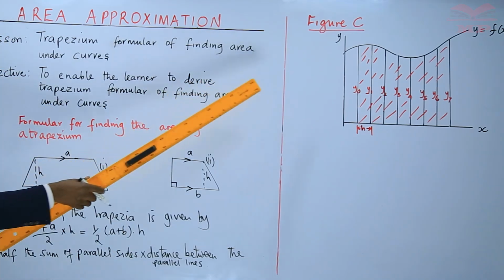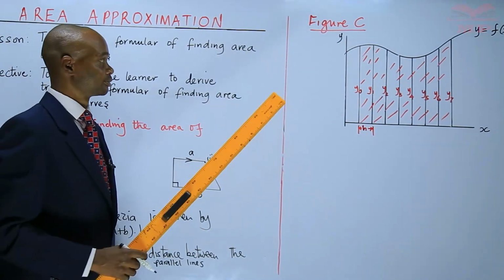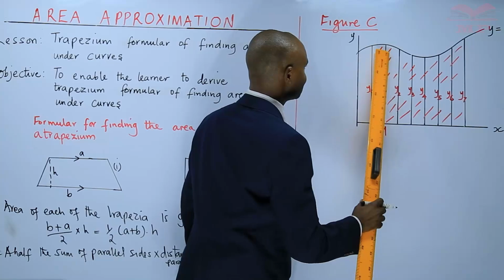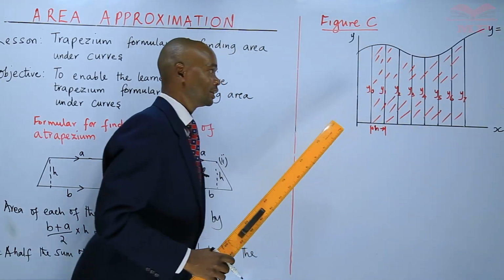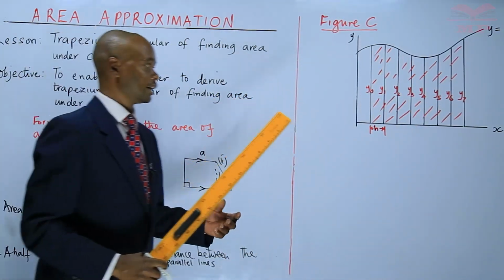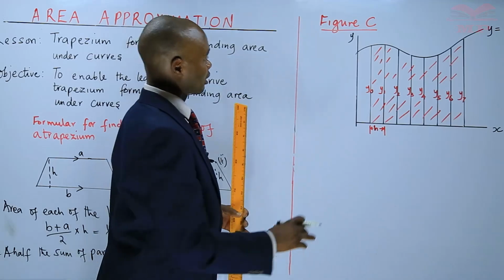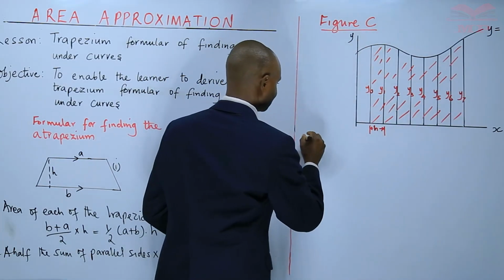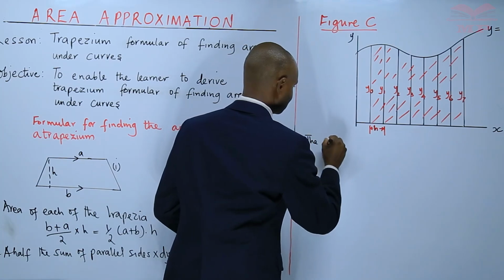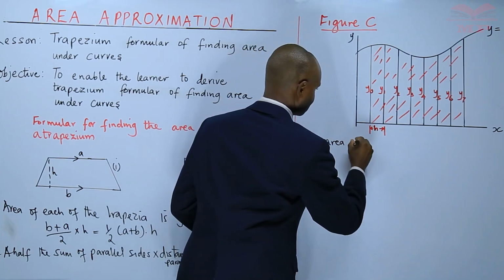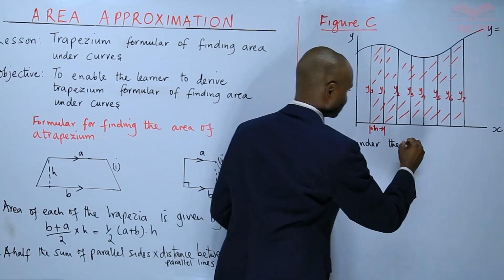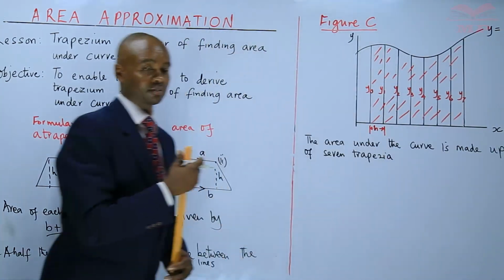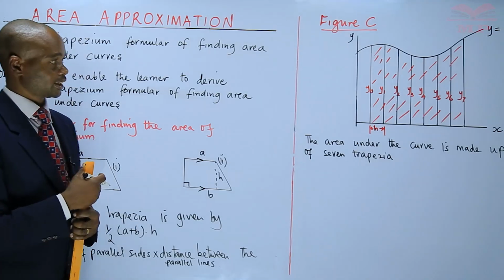Let's relate it to the area under this curve. So that is the curve there. The shaded area is under that curve, and that area under the curve is made up of 7 trapezia.